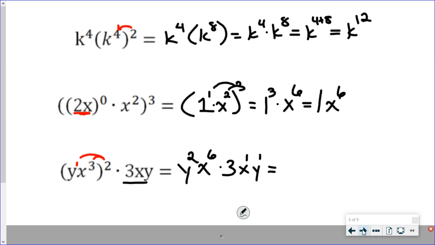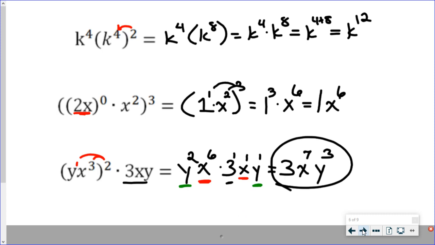Now the 3 is only a 3 to the power of 1. That goes out front. Now x, do you see I have x to the power of 6 here and x to the power of 1. Add those together gives you 7. And then here I have y squared and y to the 1st. So that becomes 2 plus 1, which is 3.